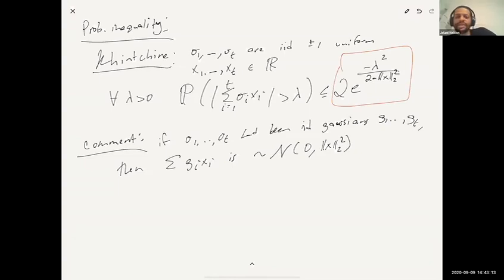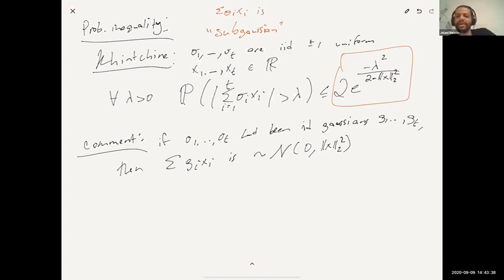So what Khinchin's inequality is saying is that plus-minus 1 random variables have the same kind of tail behavior, or their tail behavior is bounded by that of a Gaussian. This is what's called sub-Gaussian: the sum of sigma i xi is sub-Gaussian.